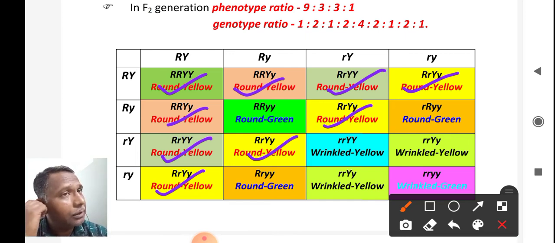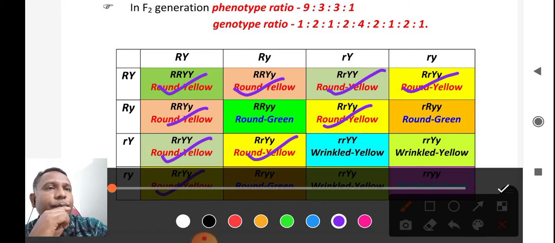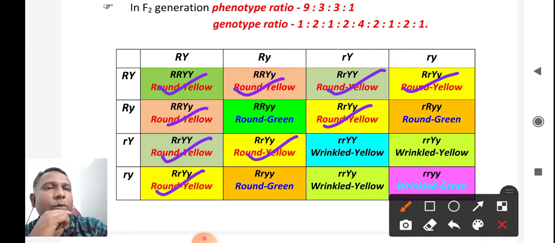Next is round green: this is round green, this is round green, this is round green.